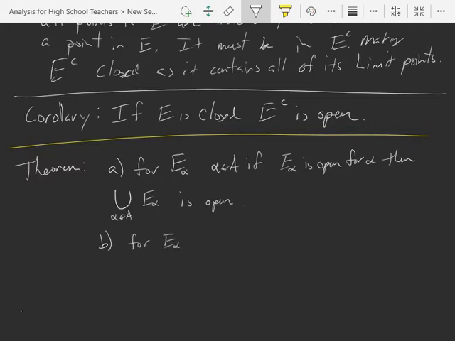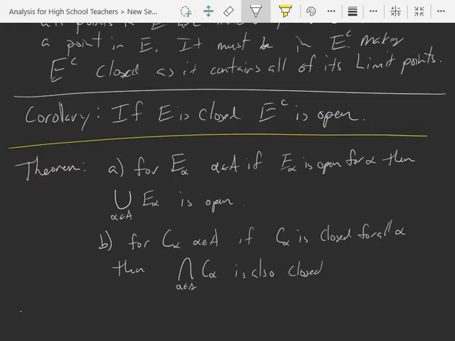For C alpha, alpha in A, if C alpha is closed for all alpha, then the intersection of C alpha, alpha in A, is also closed.